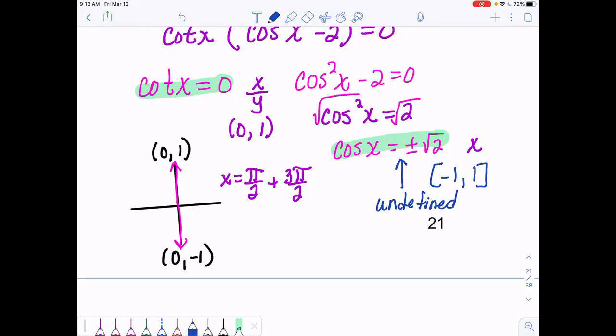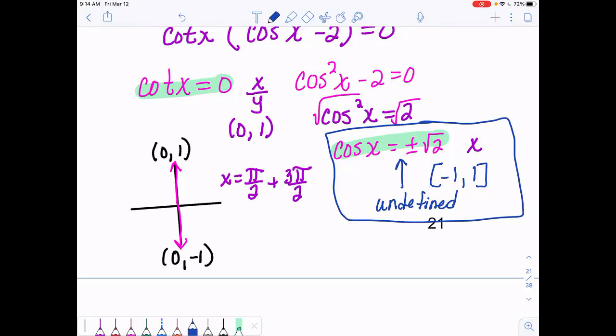There's never an x value because there's never an angle on the circle that would be bigger than 1 or smaller than -1. It's always between -1 and +1. So this part here is really not part of our solution. Remember the word extraneous solution? That one's extraneous.